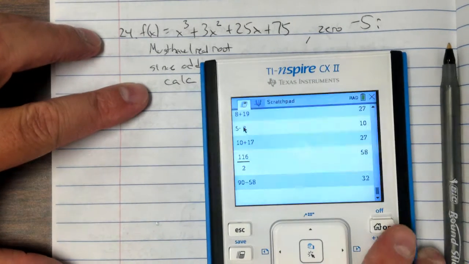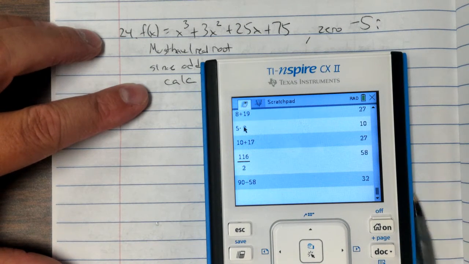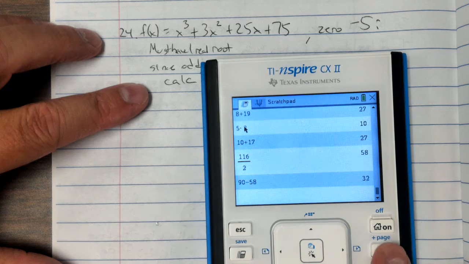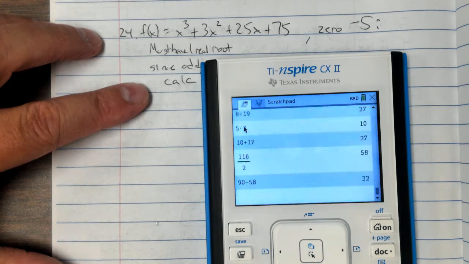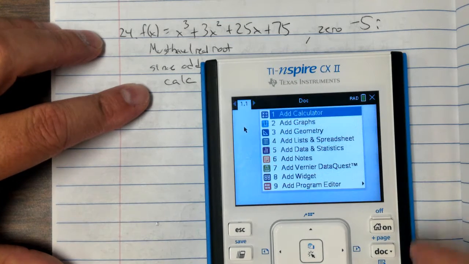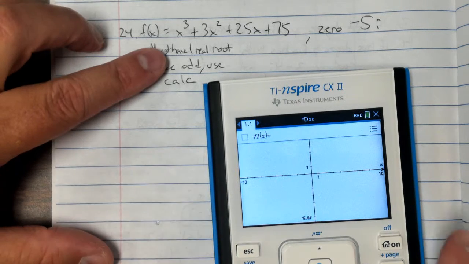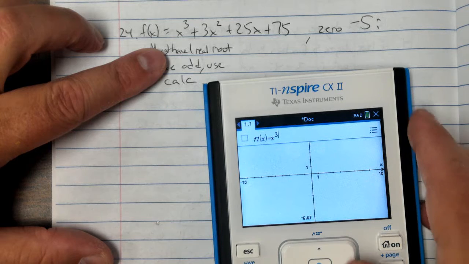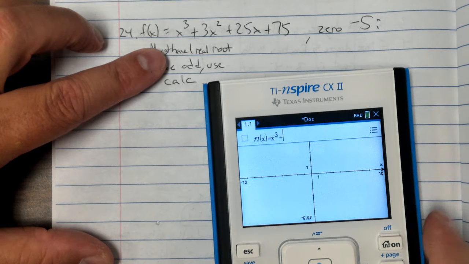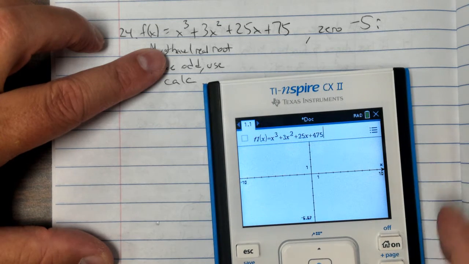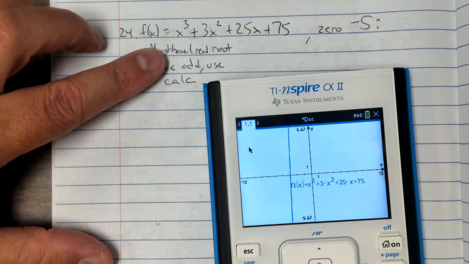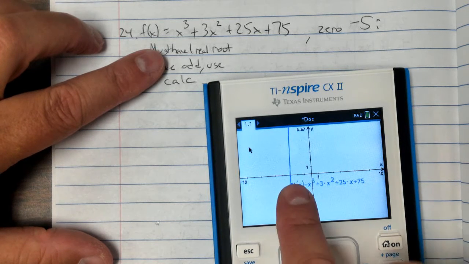So, just like what we do on the other one, the previous lesson, we go to New Document, Add Graph, and then we go x up arrow 3 plus 3x squared plus 25x plus 75. Enter.